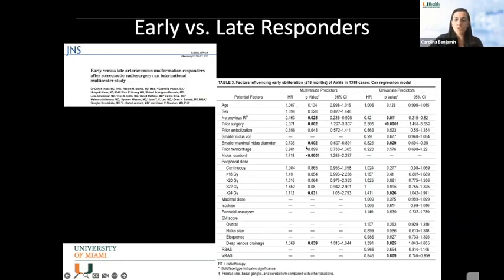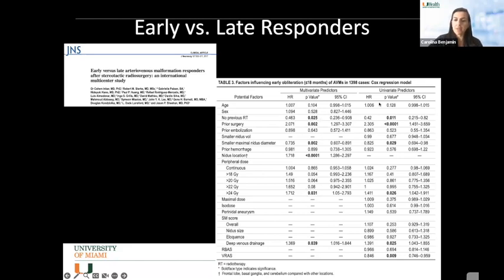This study tried to identify factors that influenced early obliteration, which they consider to be less than 18 months. Some of the factors that they found in the multivariate analysis were no previous radiotherapy, history of prior surgery, smaller nidus, nidus location, and doses greater than 24 grays. Those are factors that influenced early obliteration.